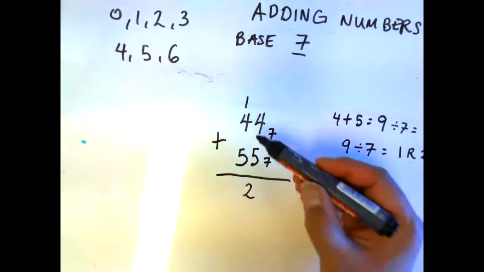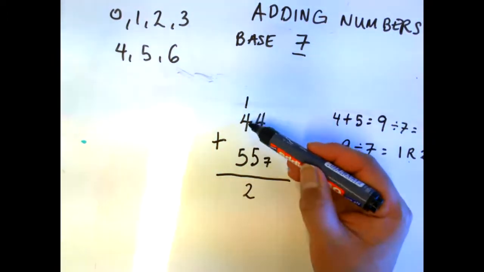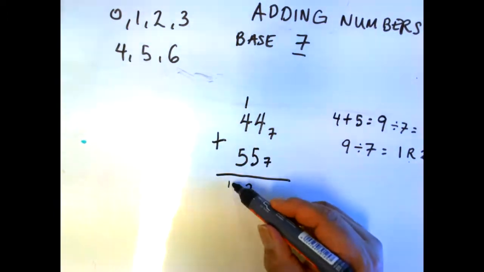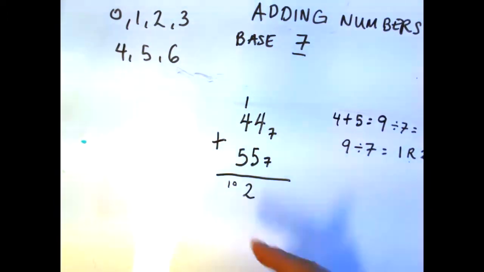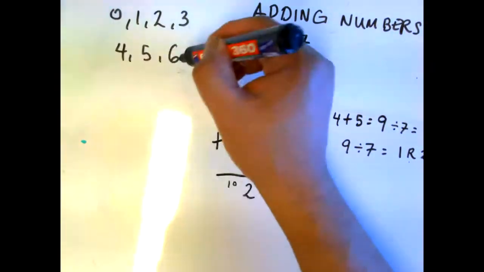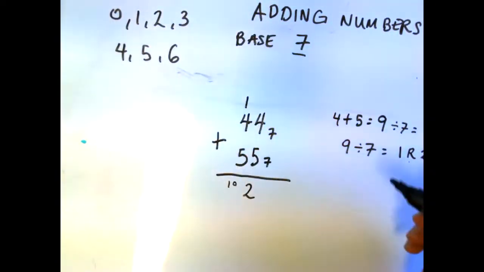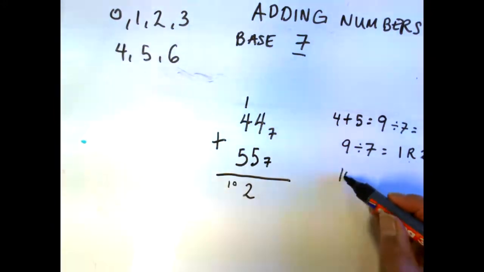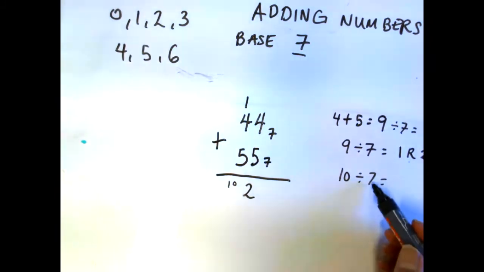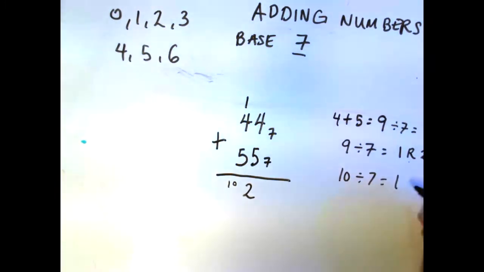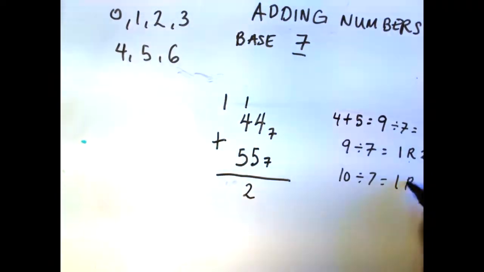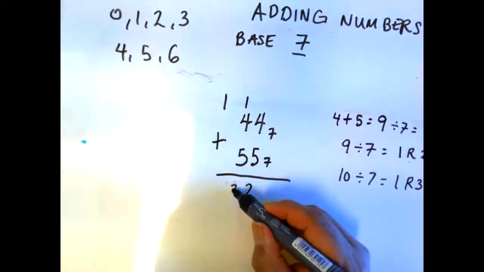Then we're going to add this. 1 plus 4 is 5, plus 5 is 10. Can we write 10? We can't, because there's no symbol for 10 here. So 10 is essentially how many 7s are there in 10? It's 1, so put 1 in here. And what's the remainder? The remainder is 3, and you put the 3 in here.